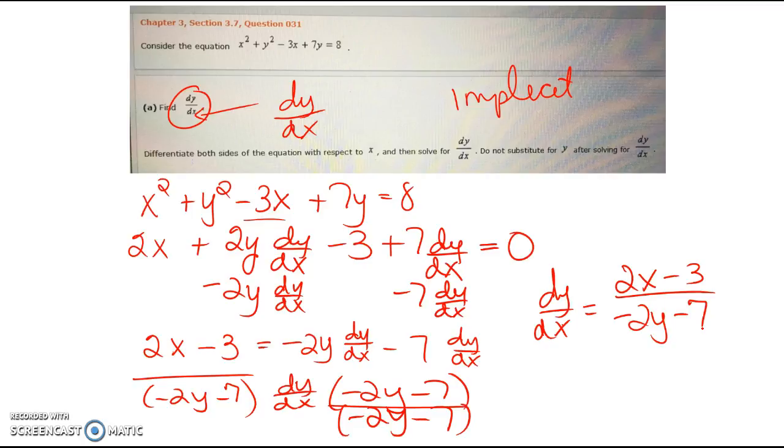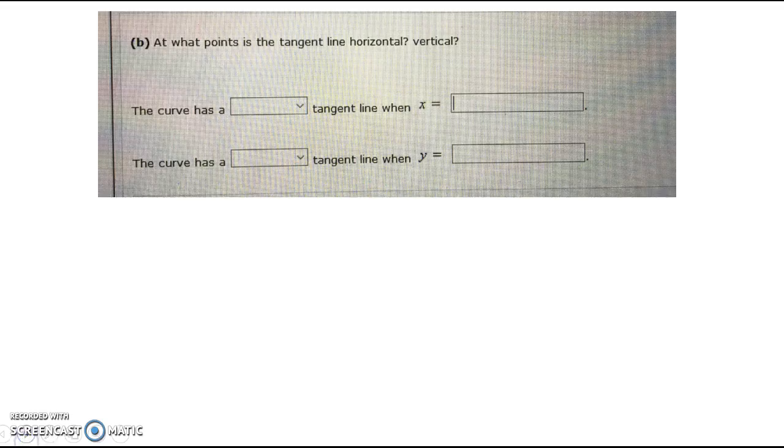Okay, so we've done a lot of implicit differentiation in this homework, so hopefully it's making sense. Now, question B, which is on the next slide. So we said dy/dx equals 2x minus 3 over negative 2y minus 7.